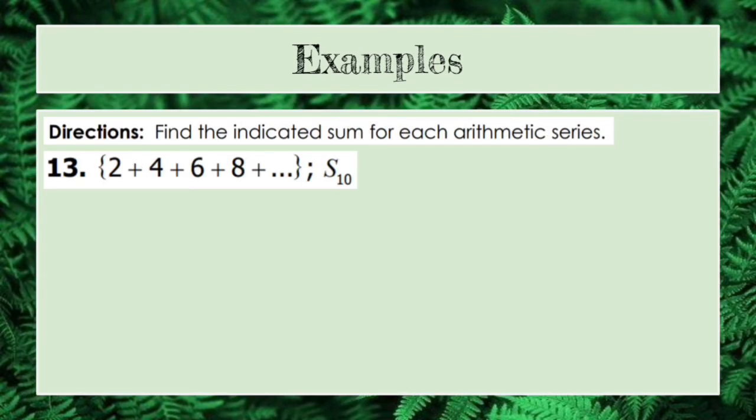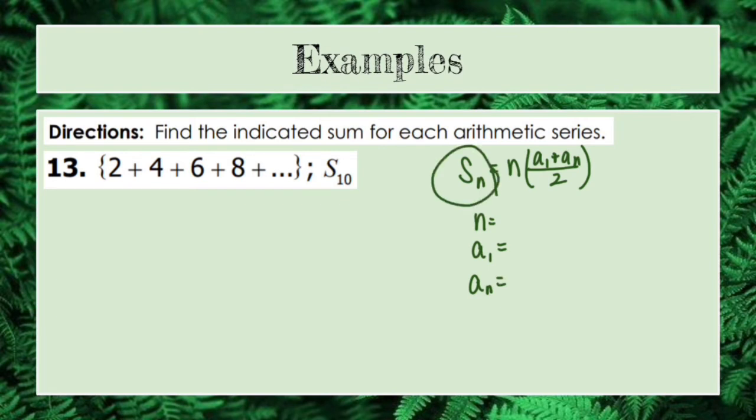All right, so let's find a sum for an arithmetic series. So let's remember first that our formula is S sub n equals n times A1 plus AN over 2. So we need to find what n equals, what A1 equals, and what AN equals.